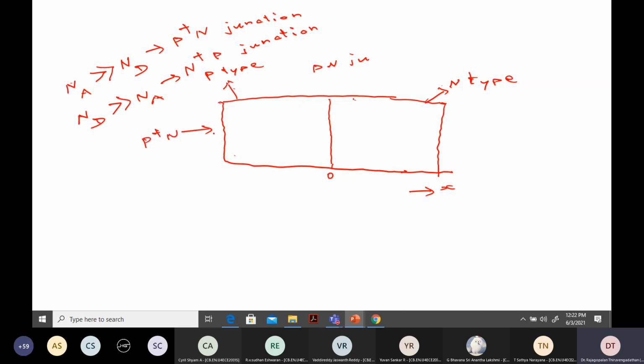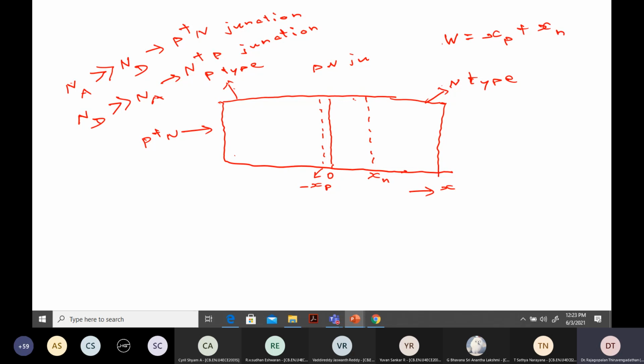So definitely the depletion width will be much smaller. Yesterday we have seen through the problem that in the heavily doped region the width will be much smaller compared to the lightly doped region. This is my minus xp. So the total width will be equivalent to what we have already seen, xp plus xn.